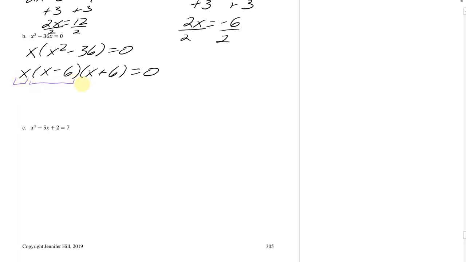So I have this times this times this. So if you're not sure what to do with this x, you just set it equal to 0, right? There's nothing to actually solve for there. So the first solution here would be x equals 0. Now, where will x minus 6 equal 0? That will equal 0 when x equals 6. And then where does x plus 6 equal 0? That will equal 0 when x equals negative 6.